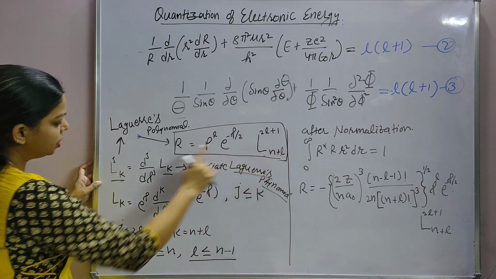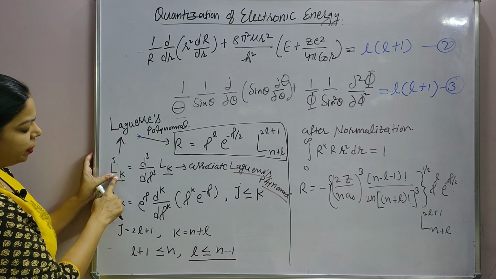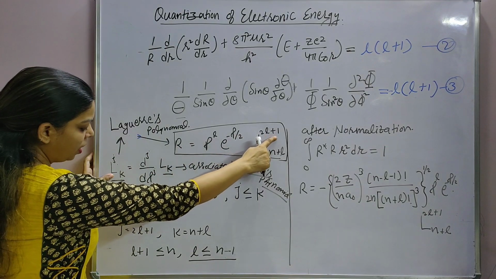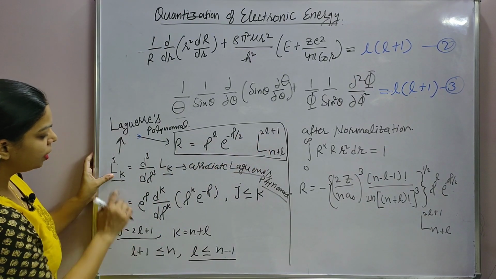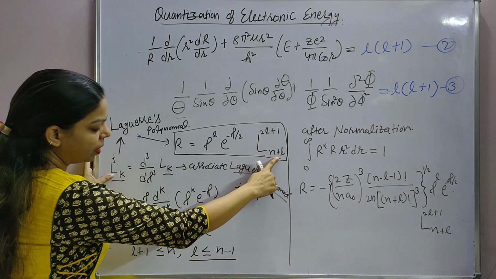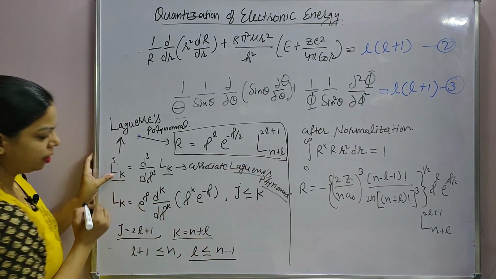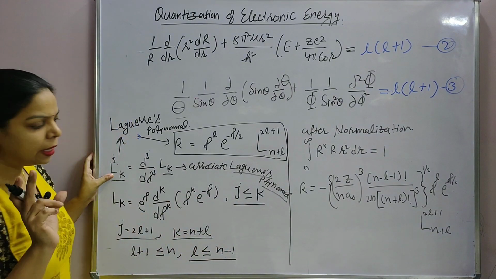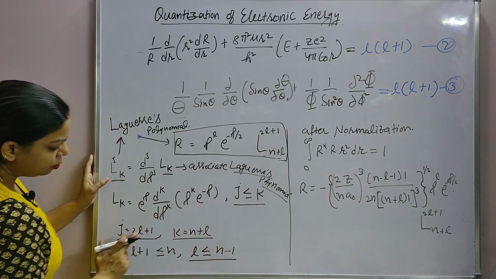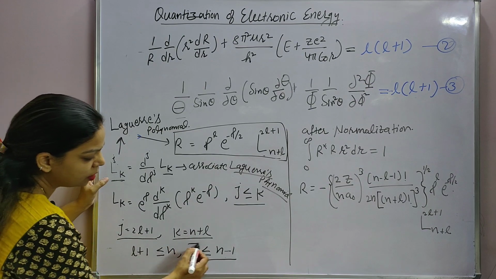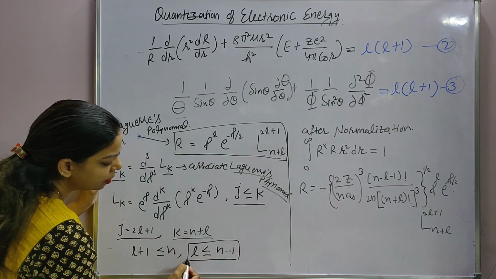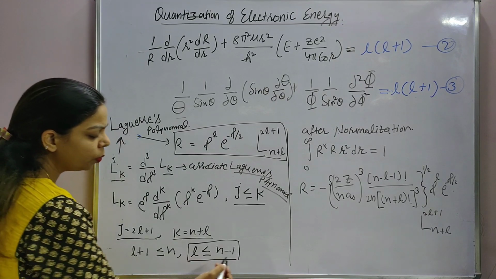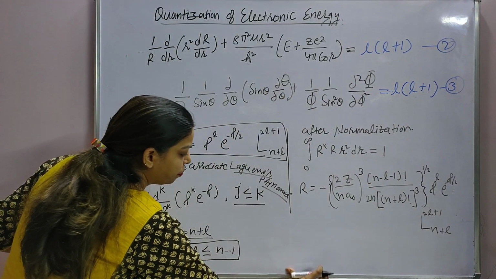When I compare this with capital L with indices K and J, I can say this J is equal to 2L plus 1, and this K is equal to n plus L. And the condition is J has to be less than or equal to K. So if I put the values of J and K, I get this condition: L has to be less than or equal to n minus 1.